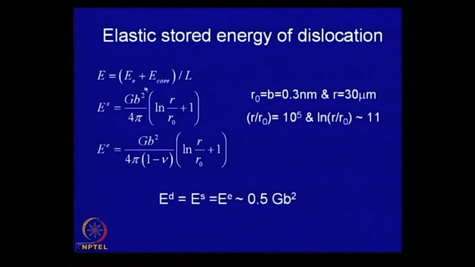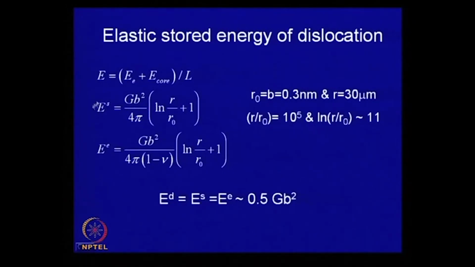In most calculations it is interesting to know the level of this total energy, and we always try to represent this energy per unit length. So, this is the total elastic energy of the dislocation plus the elastic energy of the core, over L. This is the energy per unit length of the dislocation.